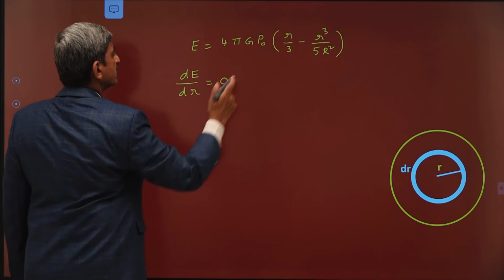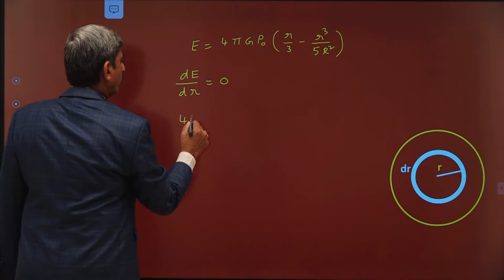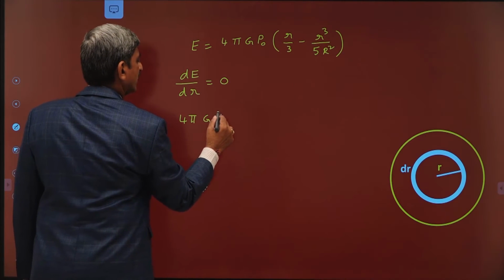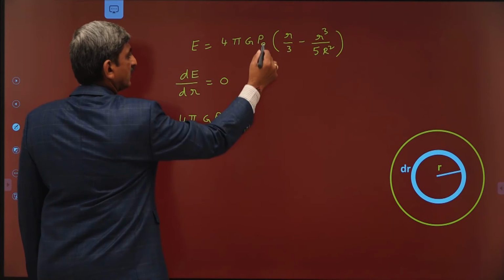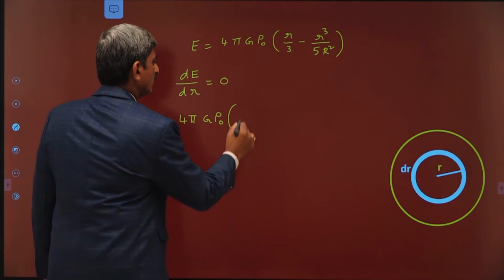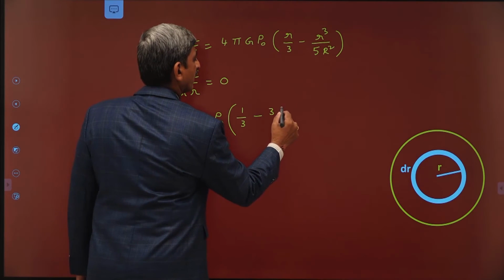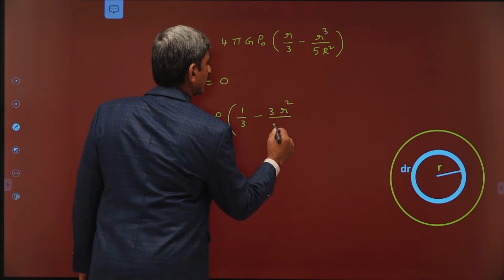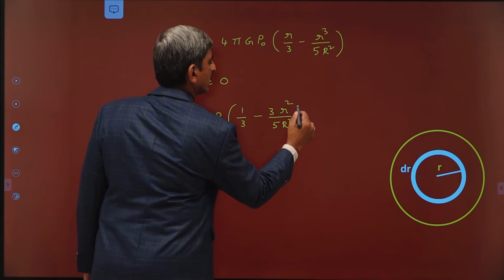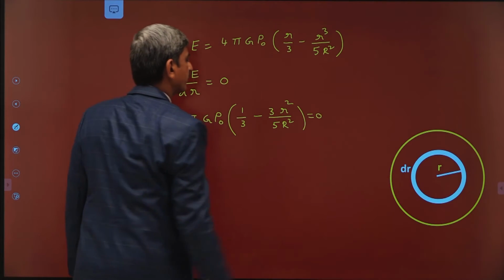So by differentiating this equation, we have 4 pi G rho naught. By taking the differentiation, it becomes 1 by 3 minus 3r square by 5R square equal to 0.